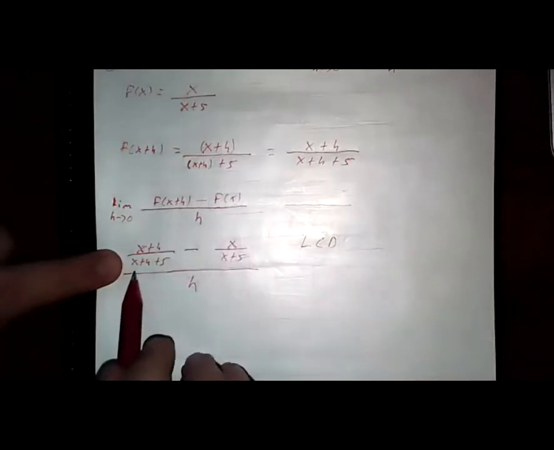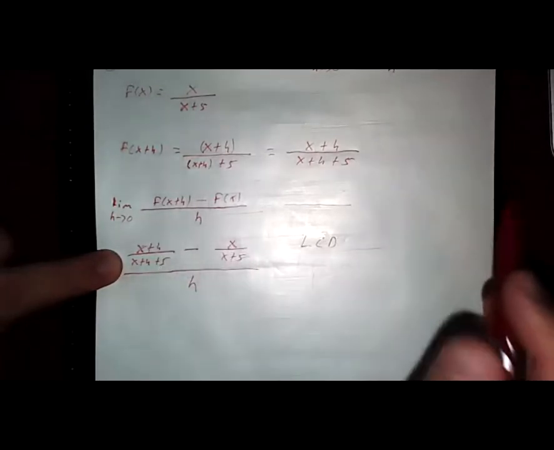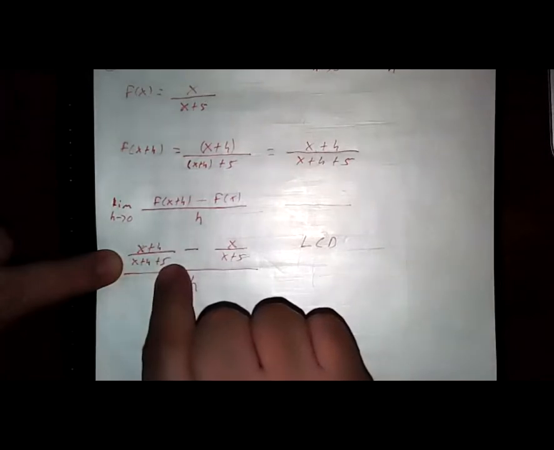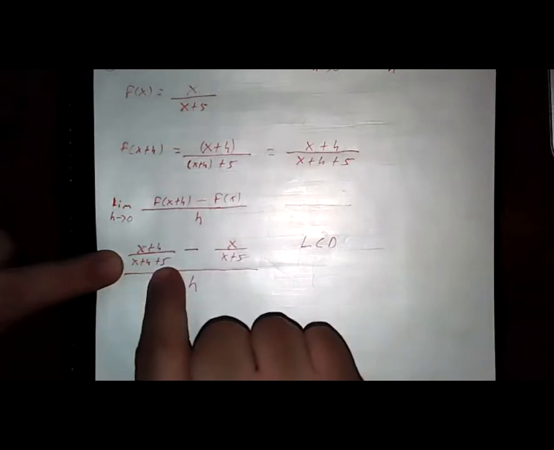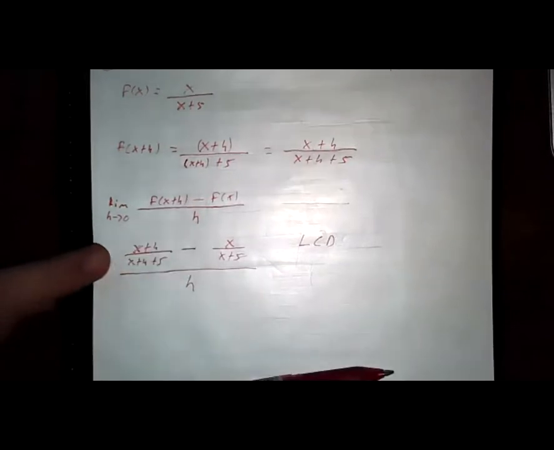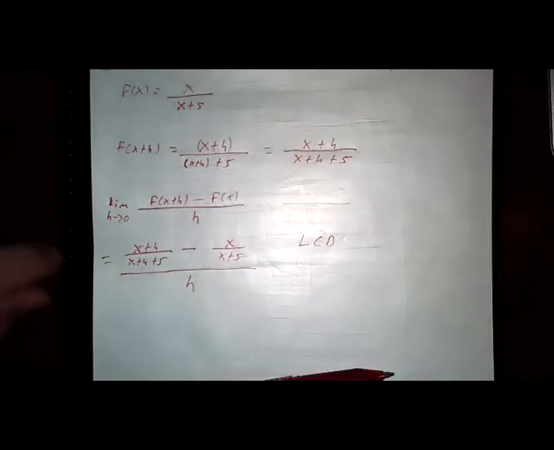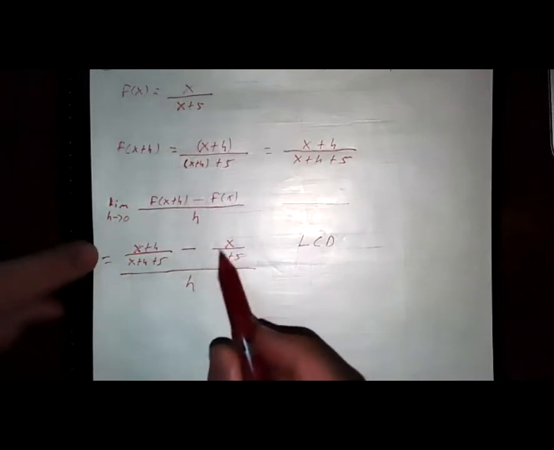Can I factor anything from x plus h plus 5? Can you factor 5 from all three? Oh, no. Okay, now I got your question. All right, so it's prime, right? The bottom. Do you agree? Yeah. And this one's also prime.